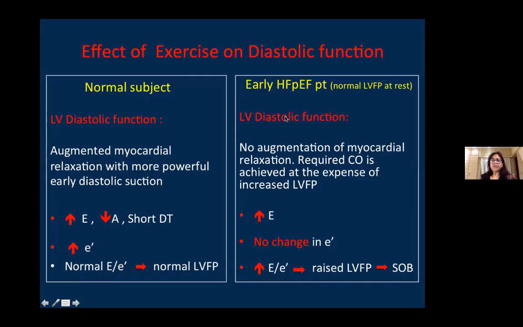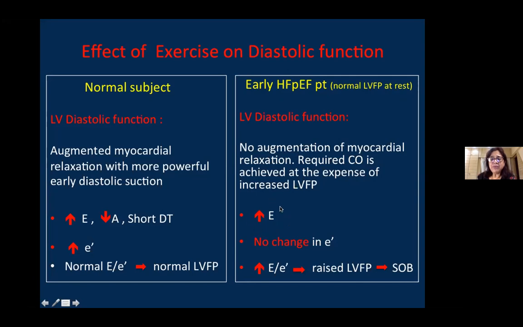On the contrary, what happens to this group of early HFpEF patients where we get normal LV filling pressure at rest? Now we ask this patient to do the exercise, but unlike this group of patients, this patient has no augmentation of myocardial relaxation. Then how is the cardiac output maintained? Cardiac output is achieved at the expense of increased LV filling pressure. So what happens?